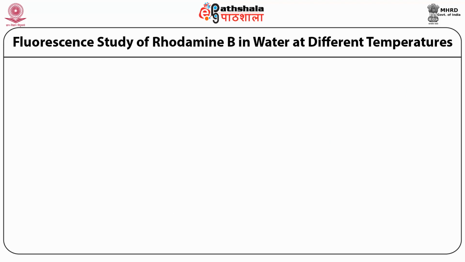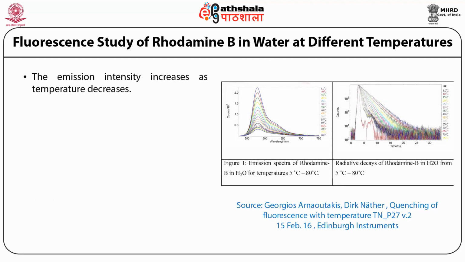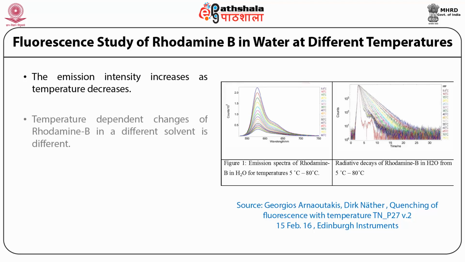This slide shows you emission spectra of rhodamine B in water from 5 degrees to 80 degrees. You can see there is a gradual decrease in fluorescence with increase in temperature. It means a temperature dependent change of rhodamine B.